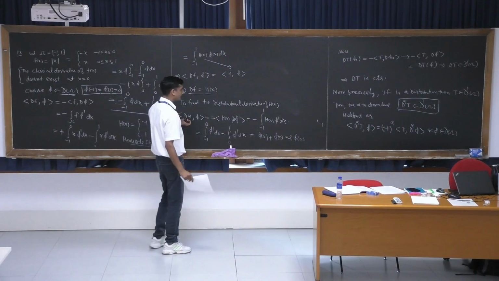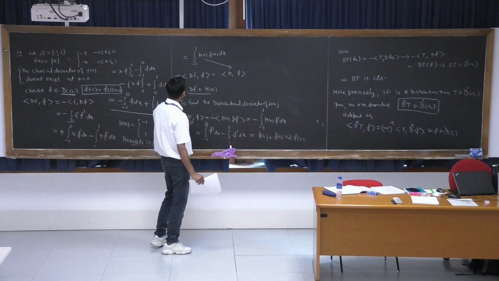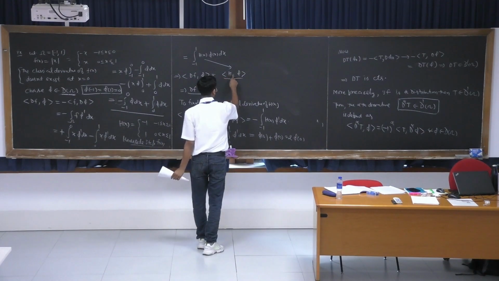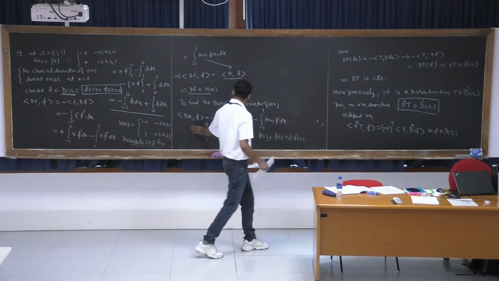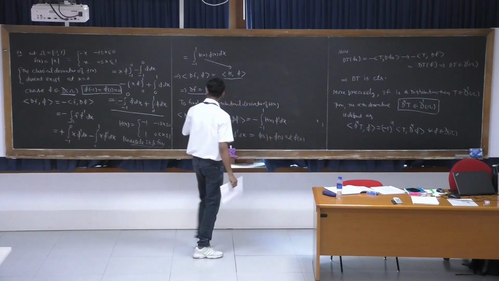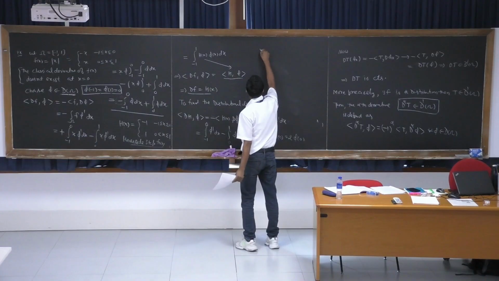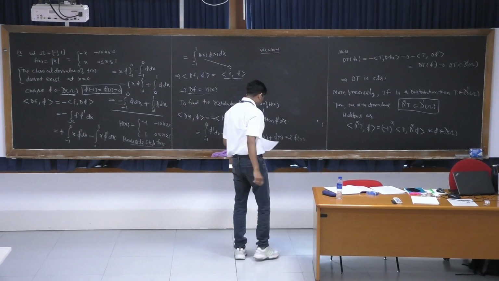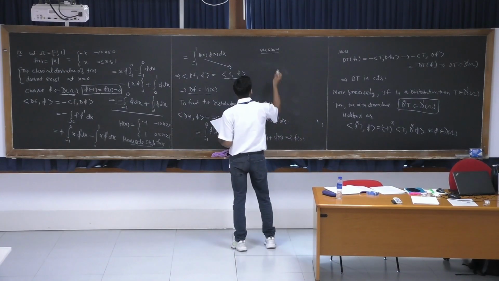To find the derivative of capital H, we have to write this in this form, meaning some function should be there and phi should be here, then we can say that that function is the derivative of this capital H. So we know there is a property of the Dirac delta function that is called the shifting property.